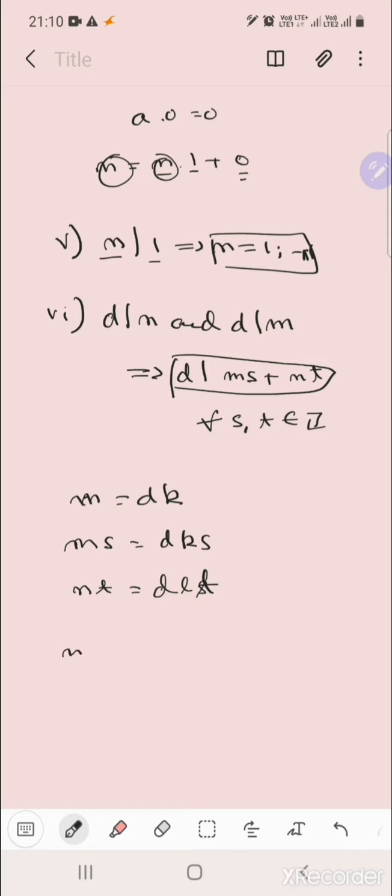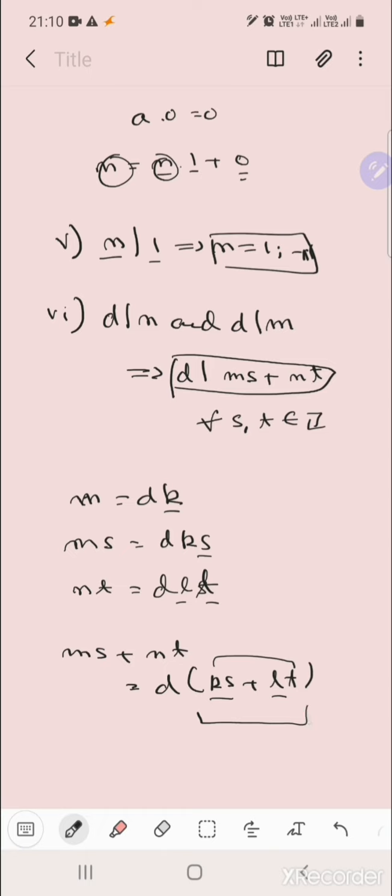If you add them, ns plus mt equals d times (ks plus lt). Now ks and lt are both integers, because k is an integer, l is an integer, s is an integer, t is an integer. Products of integers are integers and addition of integers is also an integer, so this forms an integer. Therefore d divides this.